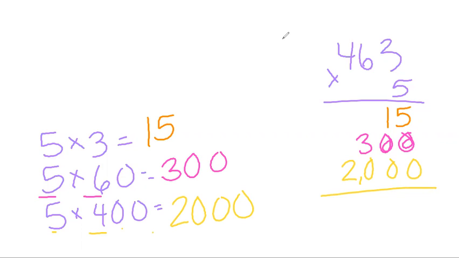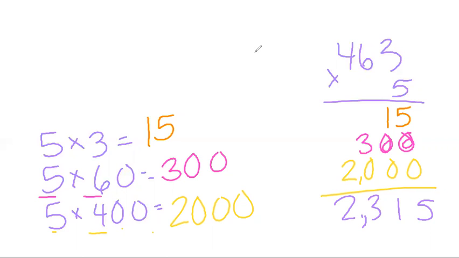Okay, so that's that number broken up into expanded form. Let me go ahead and let's add 5, 1, 3, 2. So it's 2,315 is my product for 463 times 5.